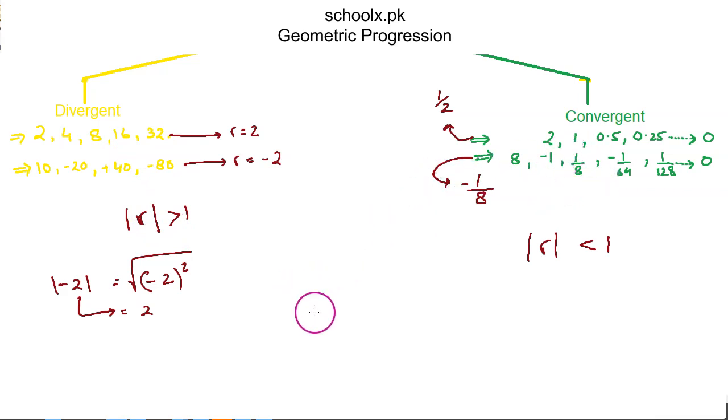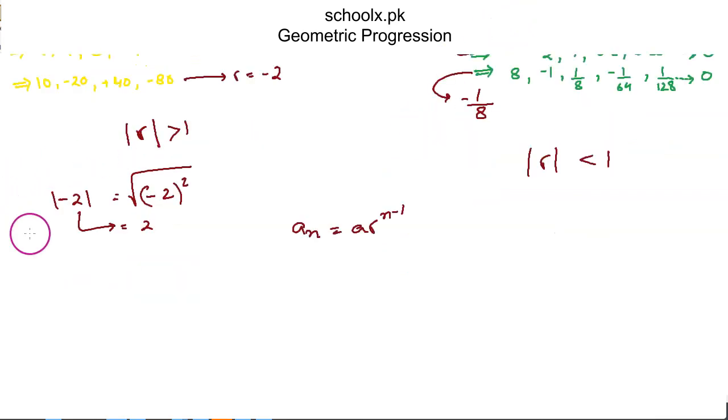Now, the formula which I just told you for the nth term, an equals a r to the power n minus 1, can be used for these two types of sequences, right? But for finding the sum or the series of these two sequences, we have different formulas. For the divergent sequence, we have this Sn.